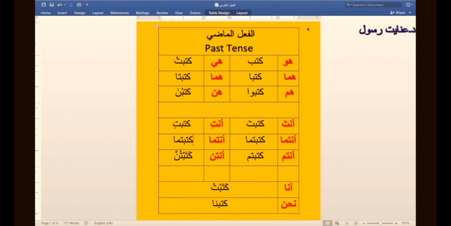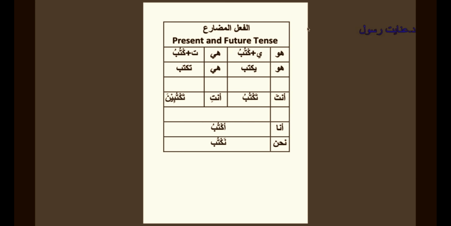Al-fi'l al-mudari will take the same verb that we have learned for the past, kataba. In the present and future tense, instead of adding any letter at the end, the change occurs in the beginning.